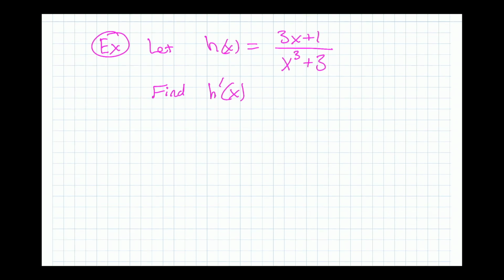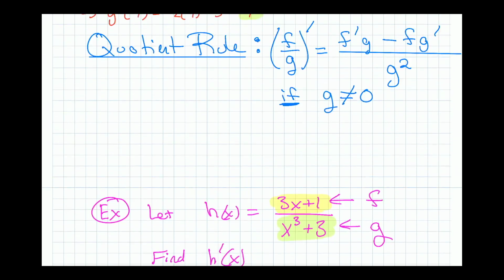Now all you've got to do is think about this. The numerator is what you're going to call f, and the denominator is what you're going to call g for purposes of the rule, as it's written right here. Top is f, bottom is g.